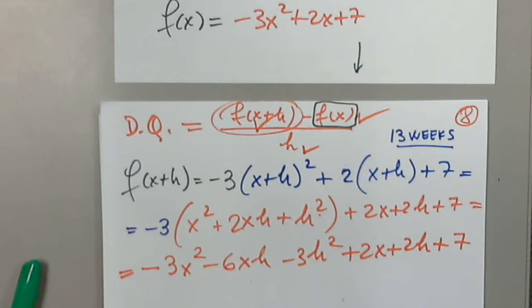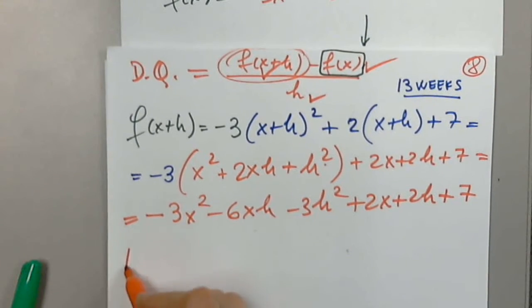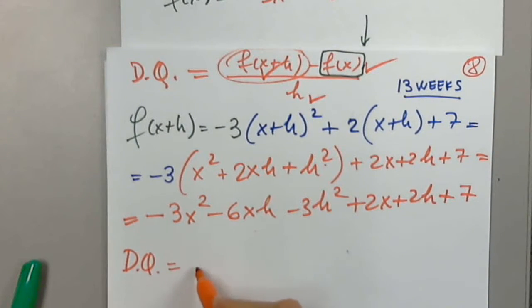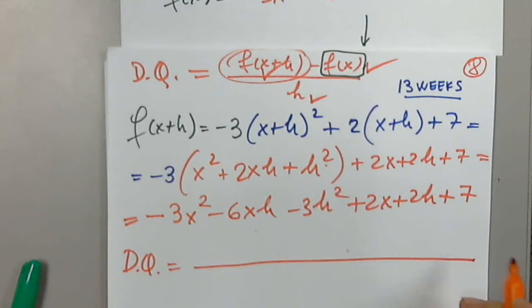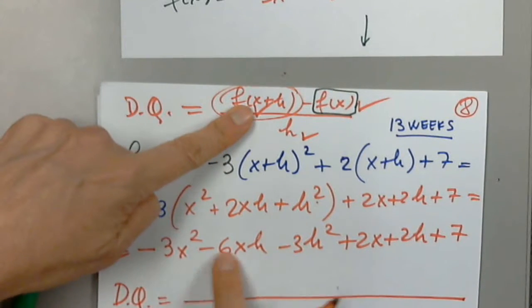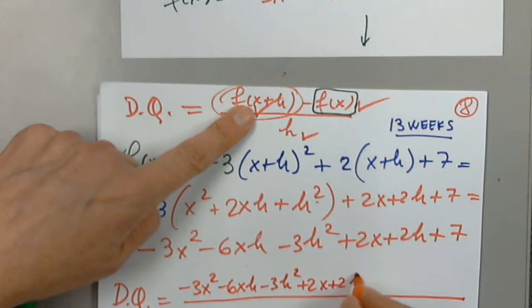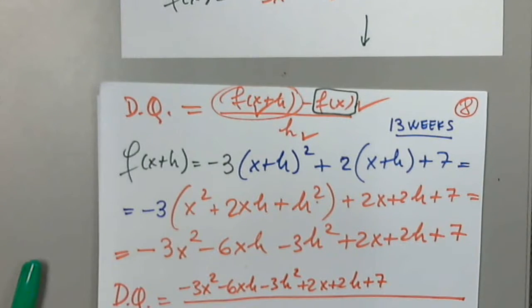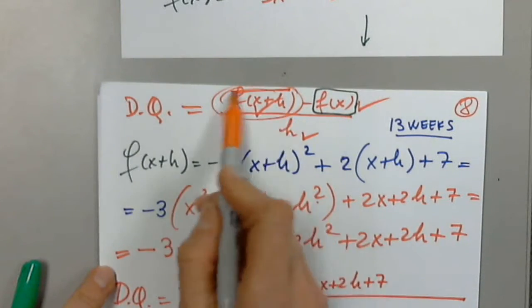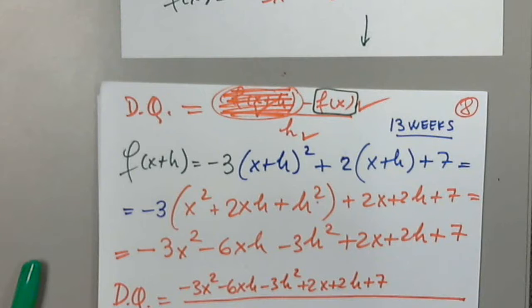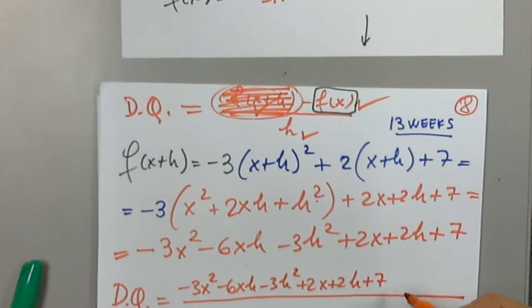Ready? So, difference quotient. I copy this whole thing: negative 3x squared minus 6xh minus 3h squared plus 2x plus 2h plus 7. Now, what do I write?